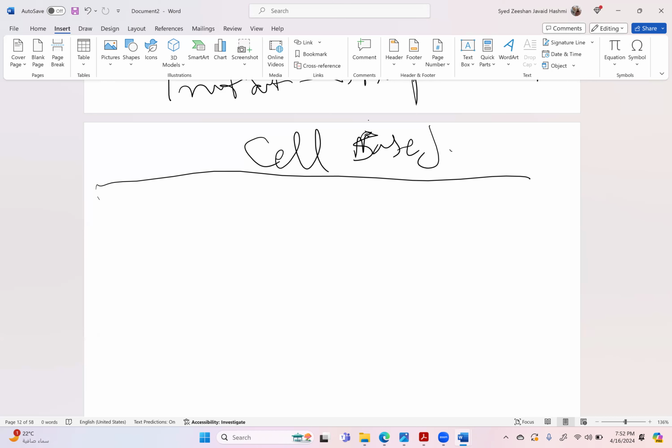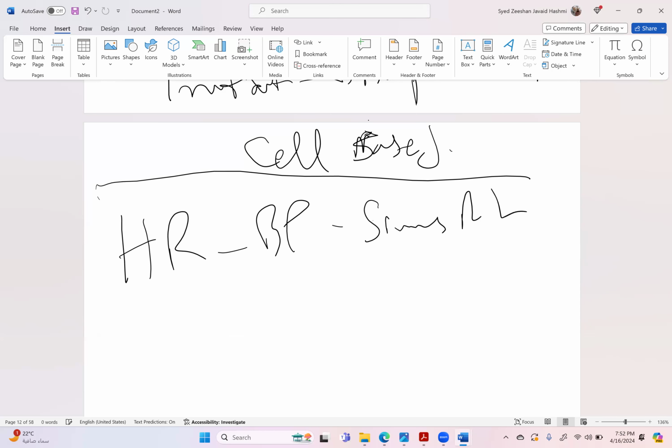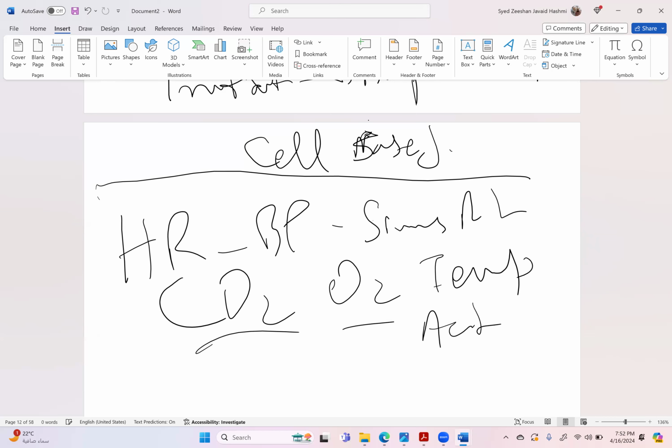The same principle will be there: heart rate, blood pressure, sinus rhythm, and my best friends, CO2, oxygen, temperature, you have to maintain. Acid base balance: no hypercarbia, no acidosis, no hypoxia, no hypothermia, no acid base imbalance.